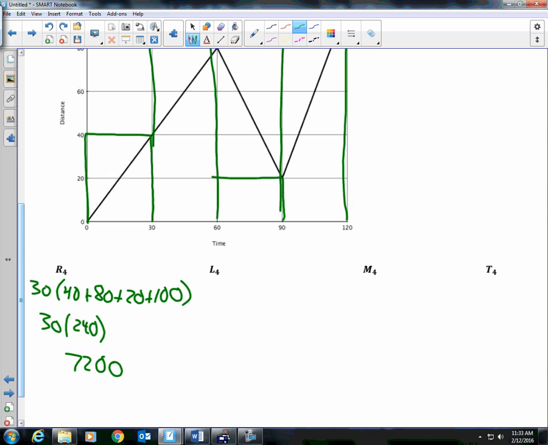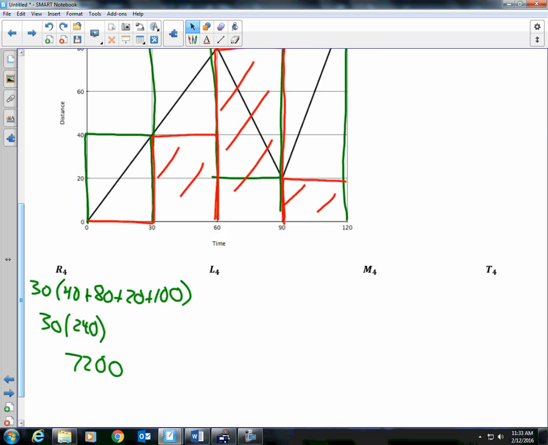Left hand of 4. I'll draw that in red. So my red rectangles represent the left-hand sum.